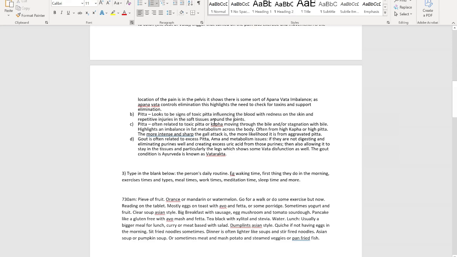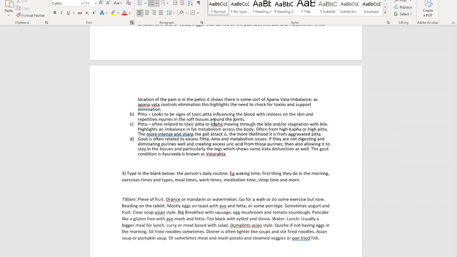So that pitta, when it's hot and sharp and penetrating, and if there's excess of it in the blood, it can move into those microchannels that are around little joints and the ligaments and tendons, and those areas generally don't get as much circulation into them.